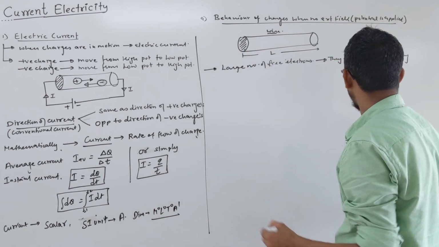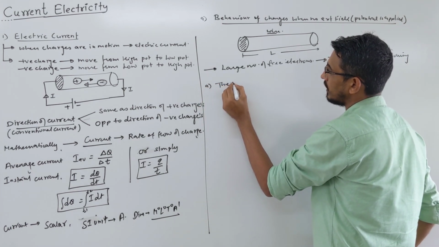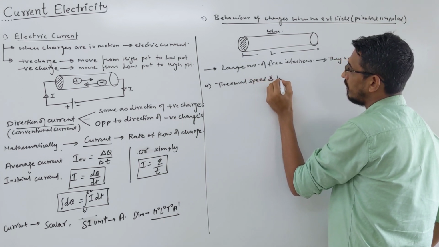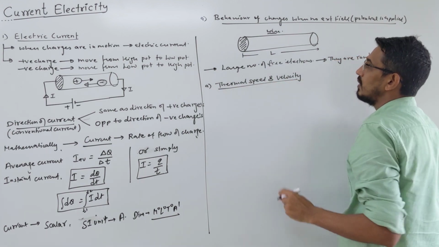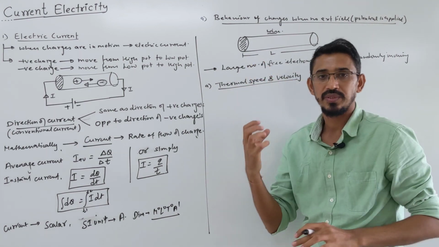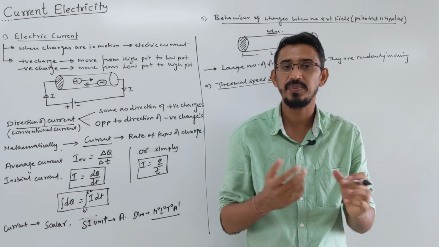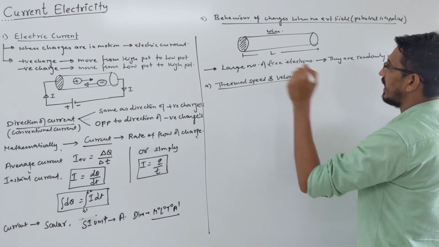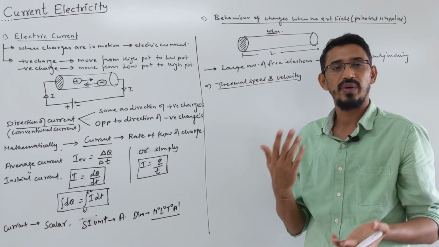Let me write these words also. The first word we talk about is thermal speed and velocity. We know that they have some temperature, initial temperature, so these electrons have thermal speed. They are moving, and if you take an isolated electron, at what speed does it move?